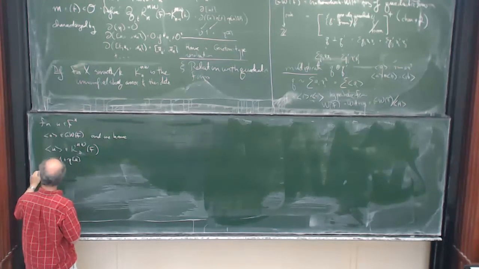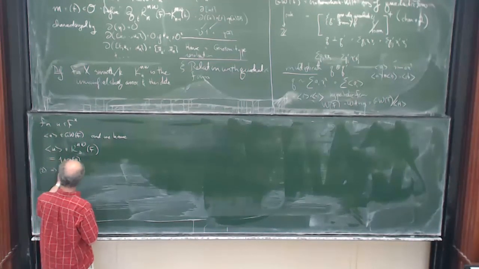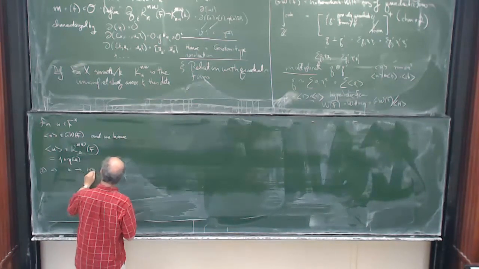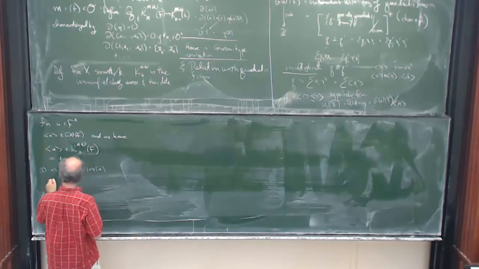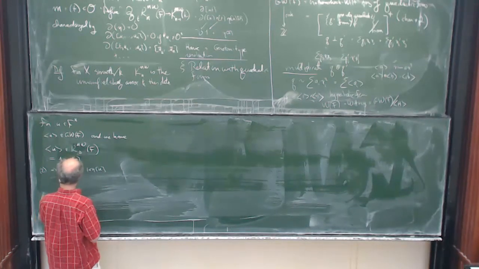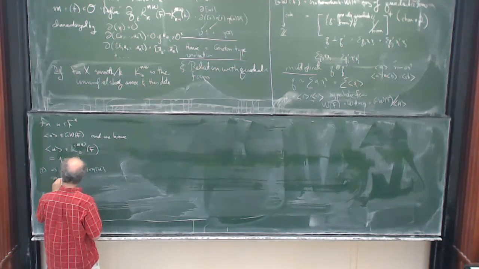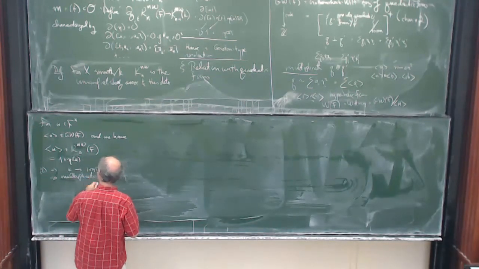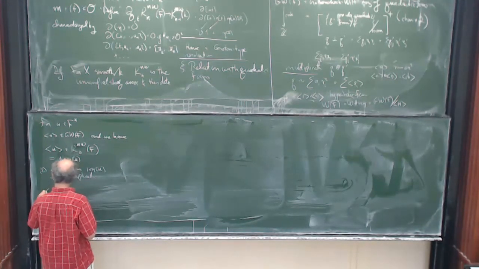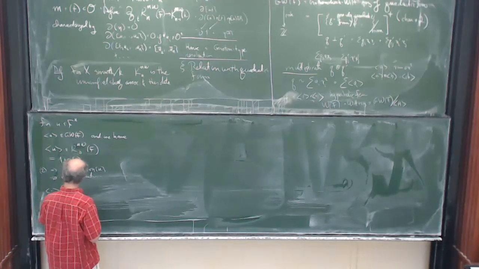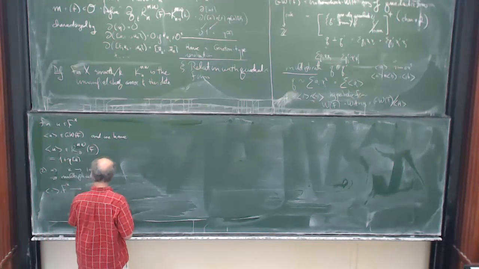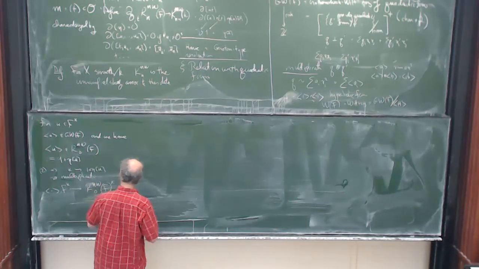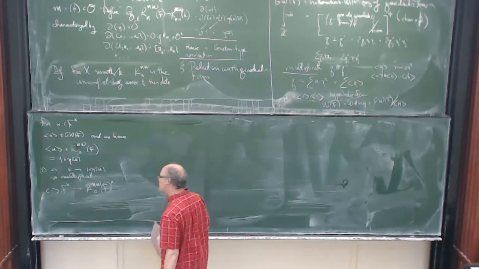And notice that the relation 2 says that sending u to 1 plus a to u is multiplicative. In other words, it defines a homomorphism from F to the units in Milnor-Witt 0 of F. That's just this relation 2, if you think about it for a second.